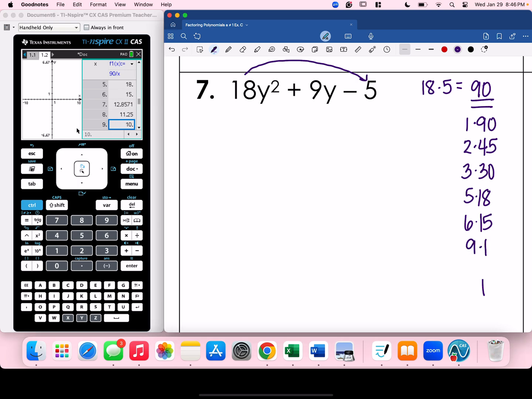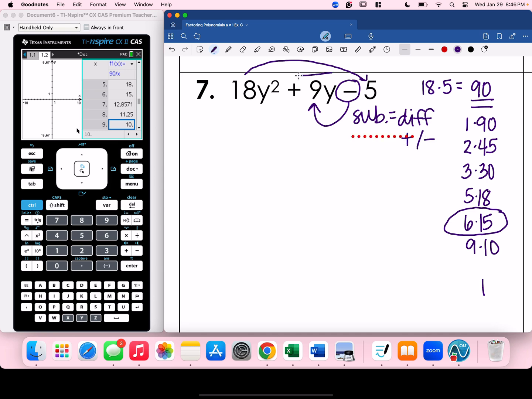Now that we have our factor pairs listed out, we want to pay attention to the sign in front of C. Since this is negative, I'm looking for the two factors that subtract to give me 9, which are going to be 6 and 15. Remember, because you subtracted, this also means that your signs should be different. One should be positive, one should be negative.